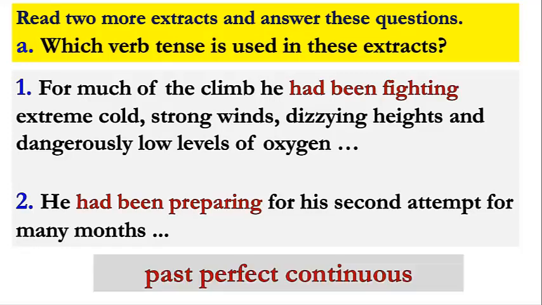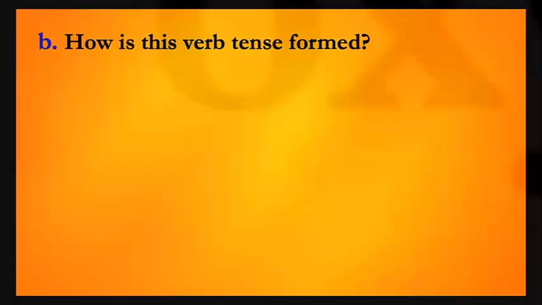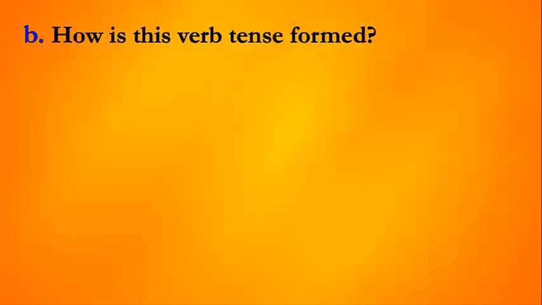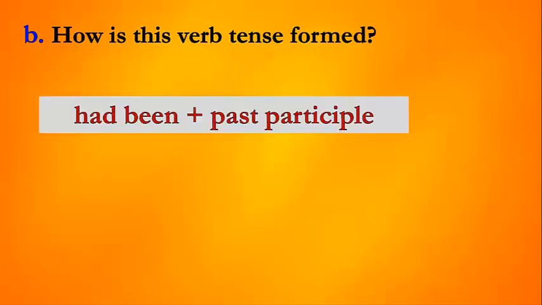Here, the verb tense is past perfect continuous. Sentence B, how is this verb tense formed? The tense here is formed like that. Had been and the present participle.